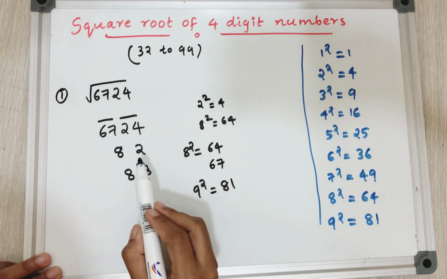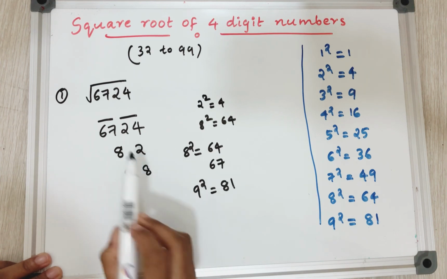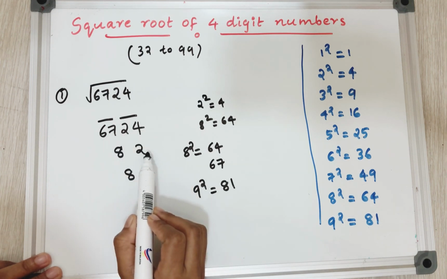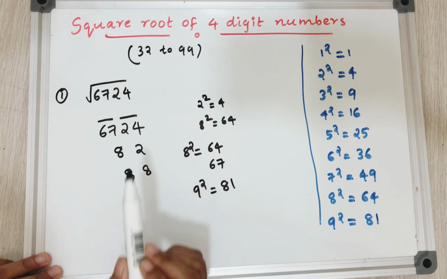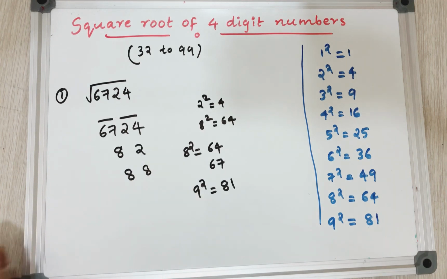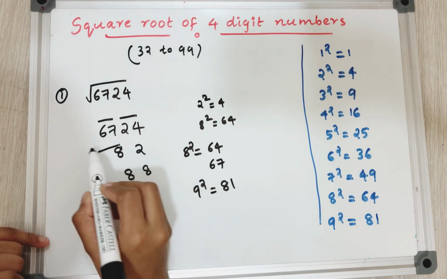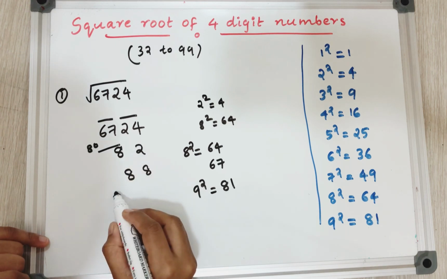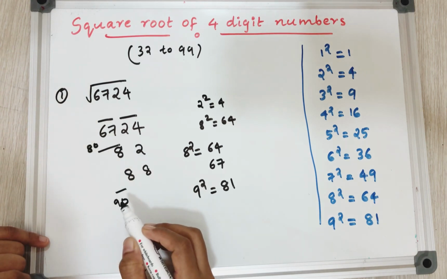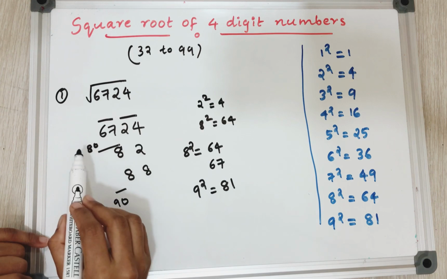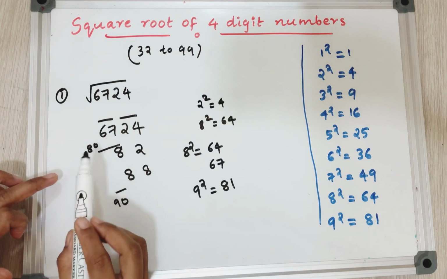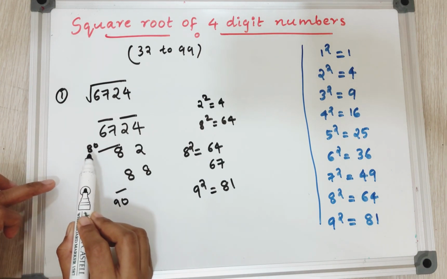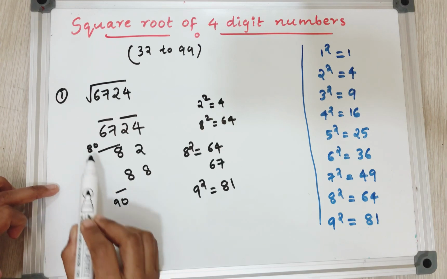Next step, we have to check which square is 6724, 82 square or 88 square. For that, see, 82 is close to 80 and 88 is close to 90. We are choosing these numbers because it's easy to find the square of numbers that end with 0.